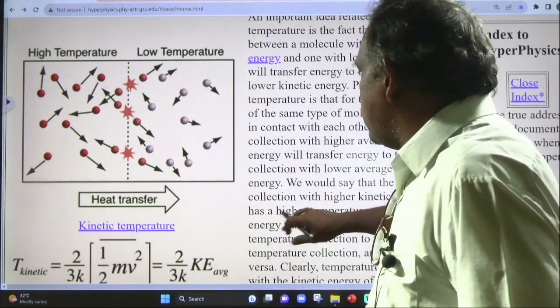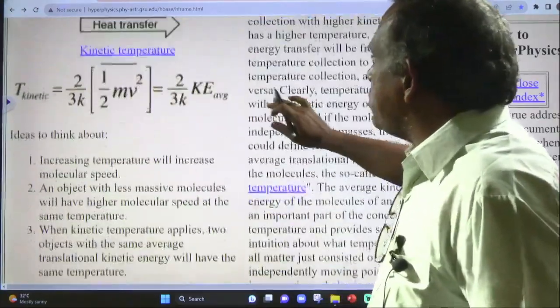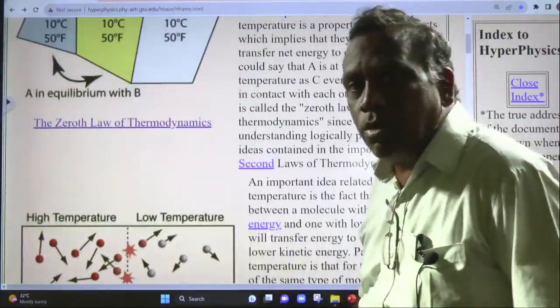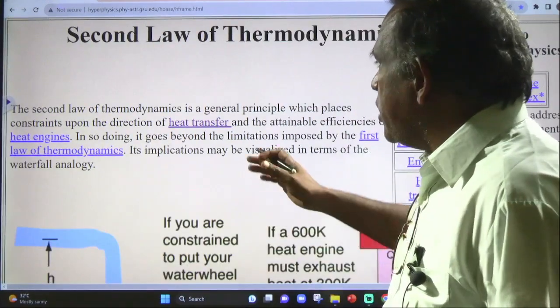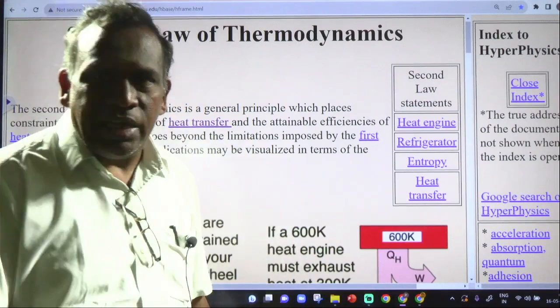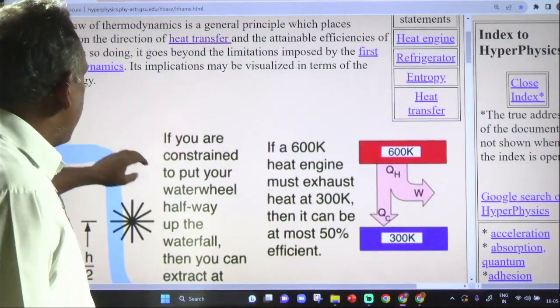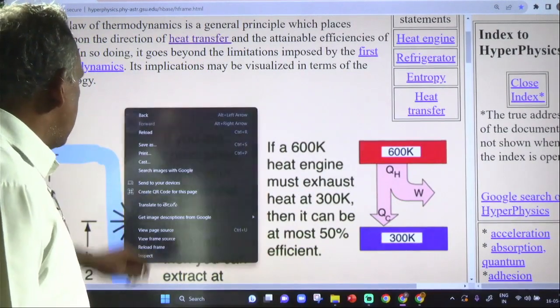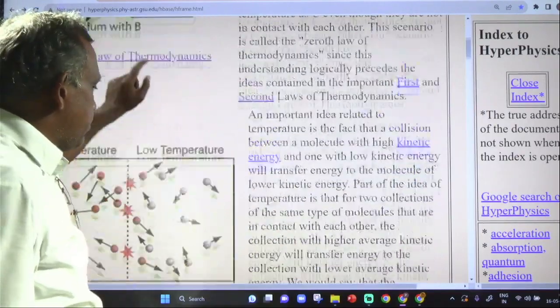The second law of thermodynamics says it is impossible, or very difficult, to transfer heat from a body at lower temperature to a body at higher temperature. This is just a brief view of heat.